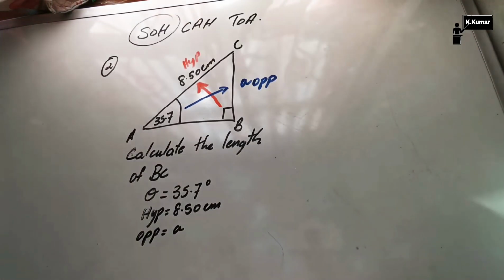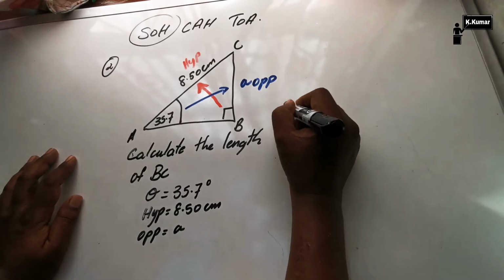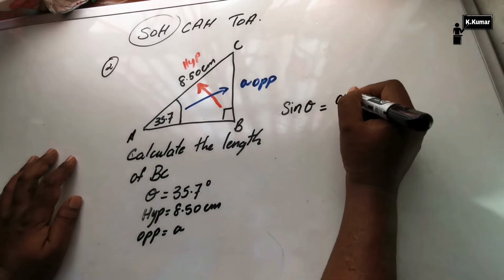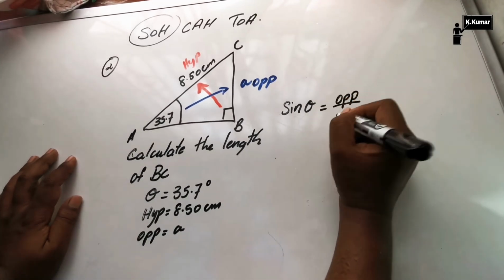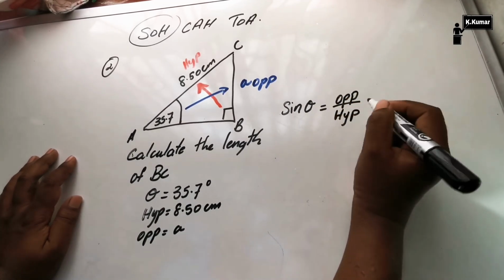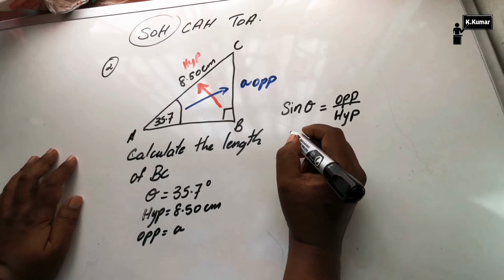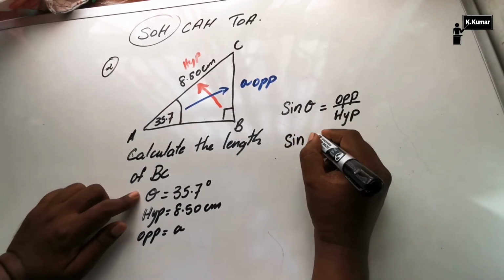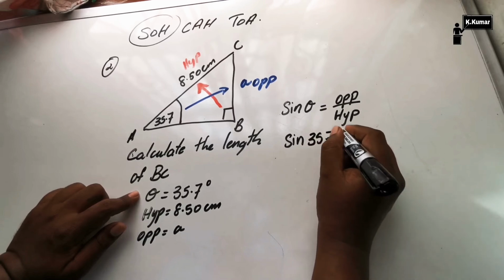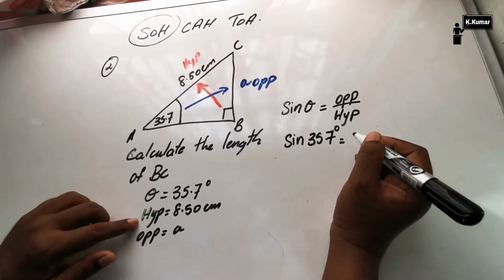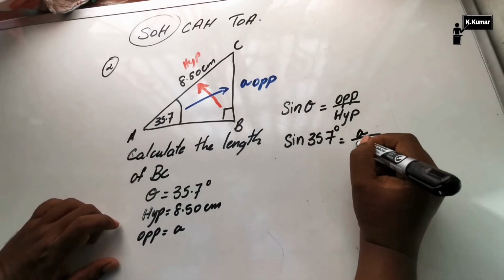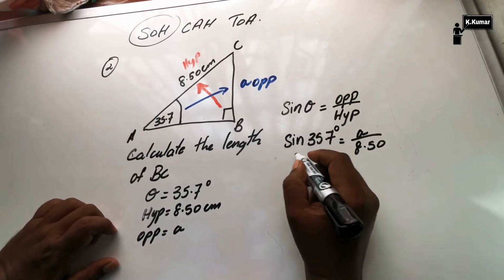So we use sine to solve this question. Sine theta is equal to opposite over hypotenuse. Sine 35.7 degrees is equal to the opposite side, A, over the hypotenuse, 8.50.